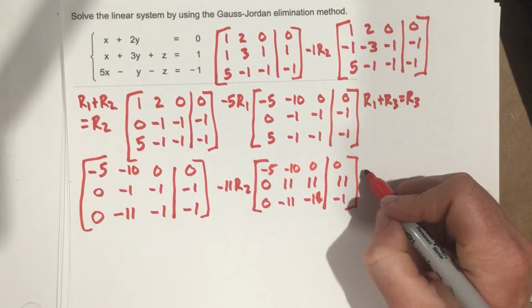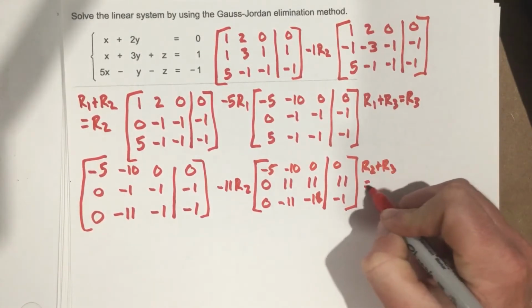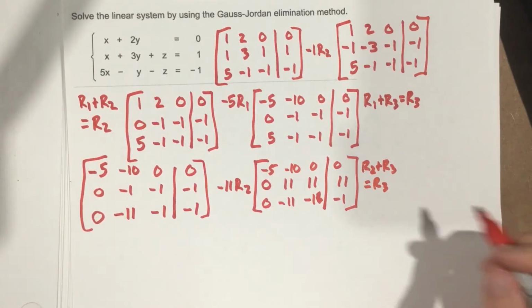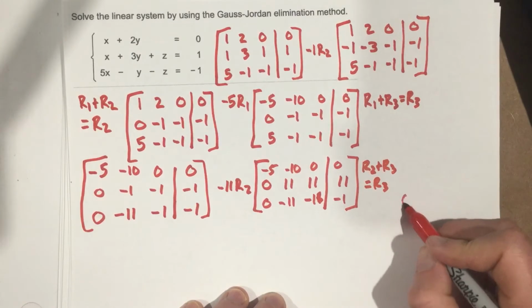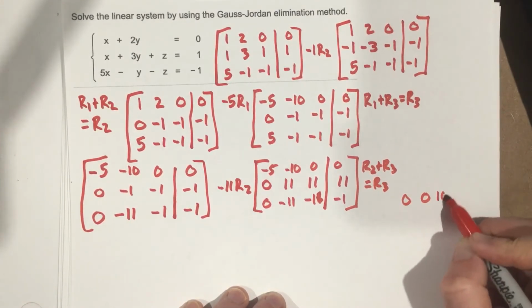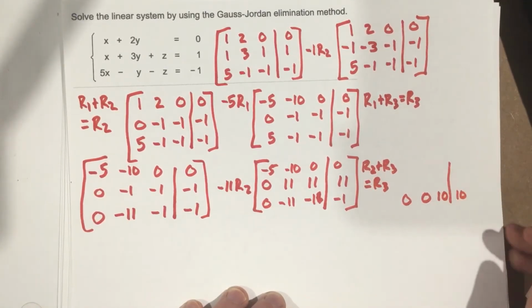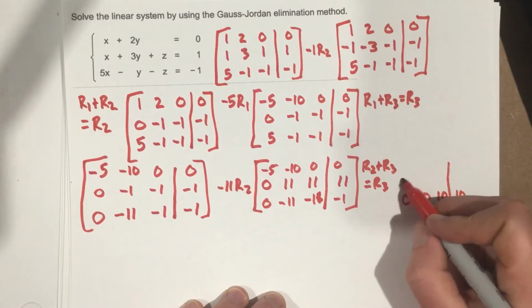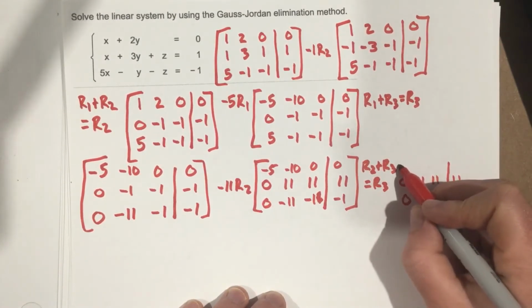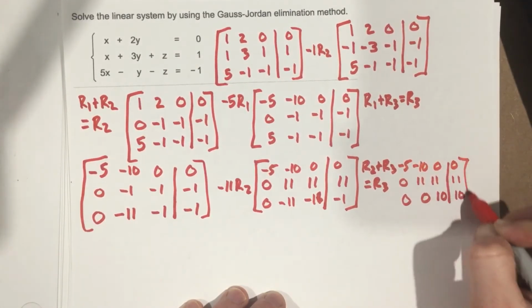We're going to take row 2 plus row 3, and that's going to equal row 3. We'll try and save some room so we can get it all in there. We're going to get 0, 0, 10, 10. Perfect, got it in there barely. This is 0, 11, 11, 11, and negative 5, negative 10, 0, 0.